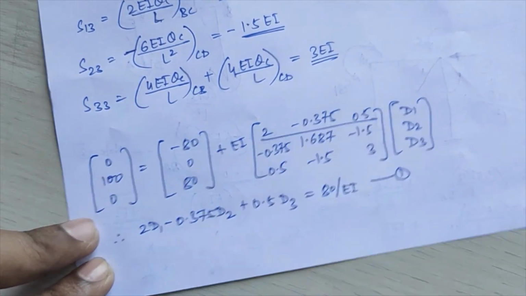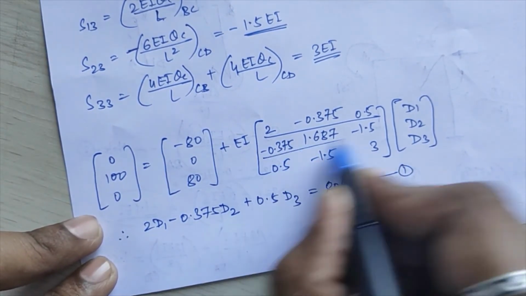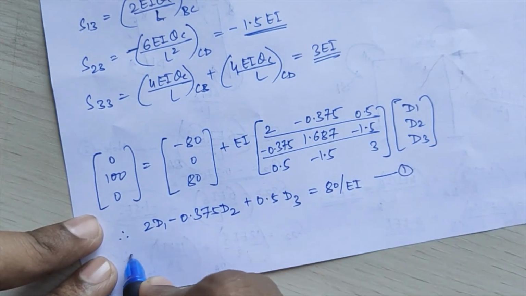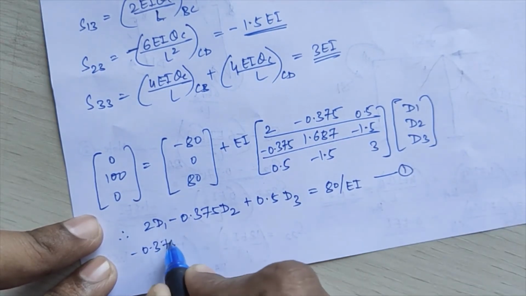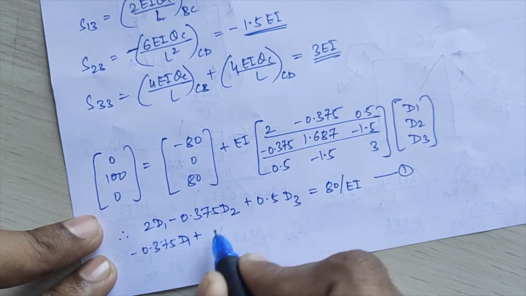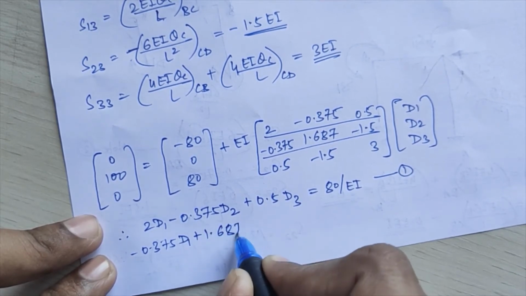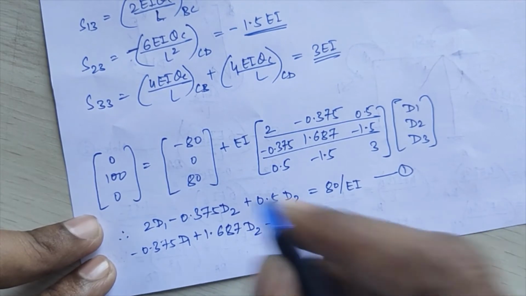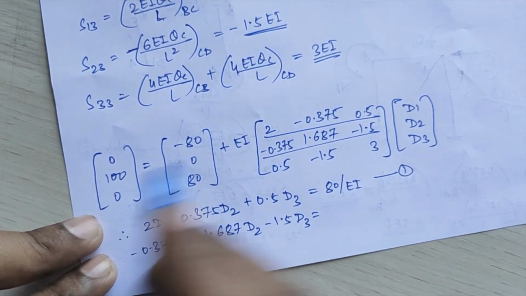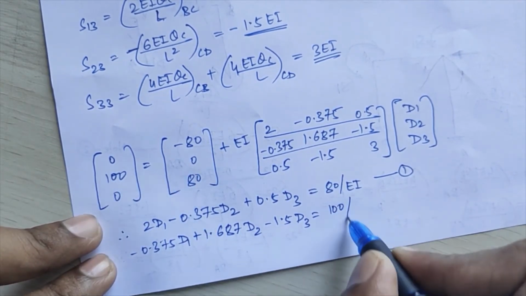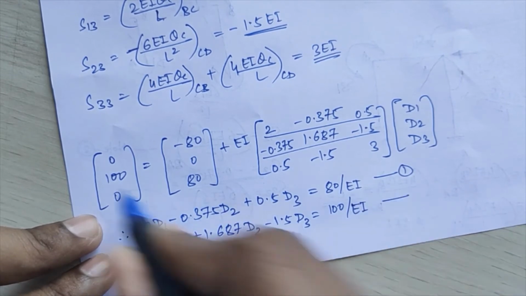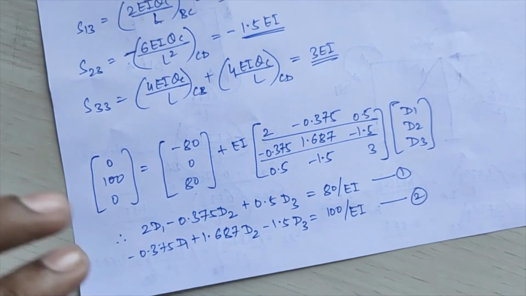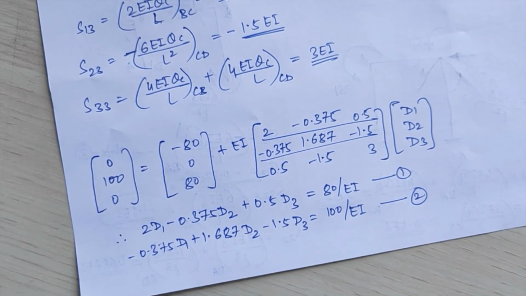That will be our equation number 1. Next, second equation, second row multiplied by column again: minus 0.375 of D1 plus 1.687 of D2 minus 1.5 of D3 is equal to 0, and here you are having 100, so that becomes directly 100 upon EI. It is already on the RHS side, so no need of changing its sign.